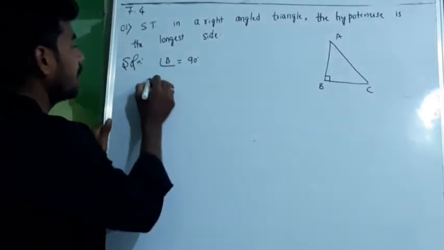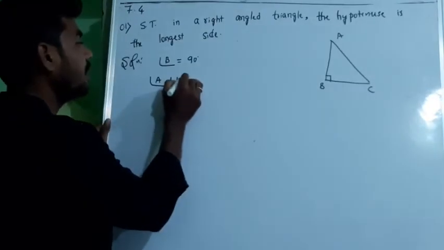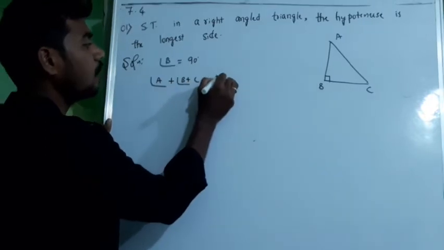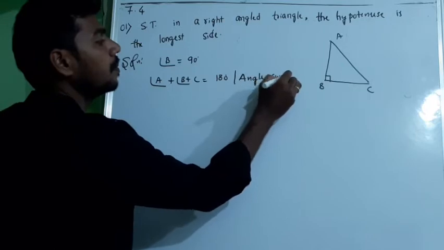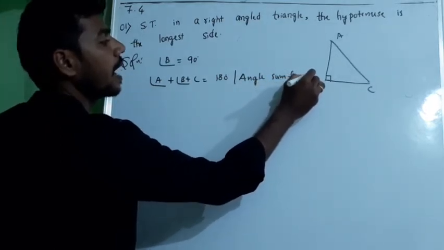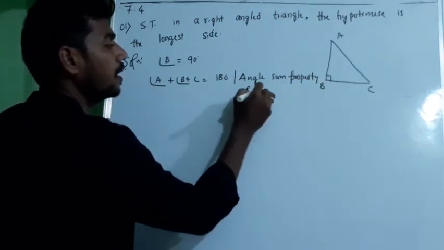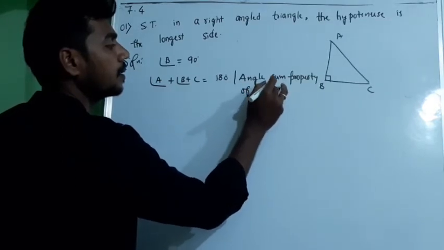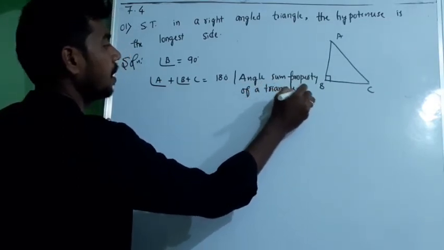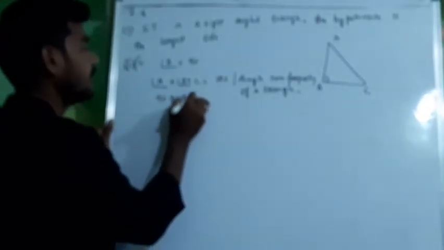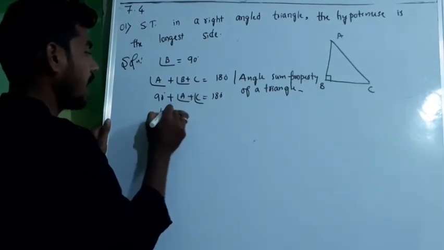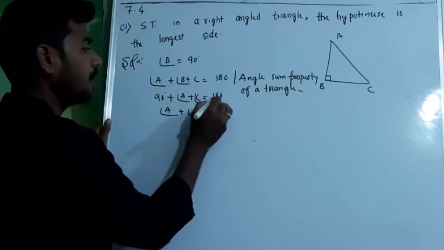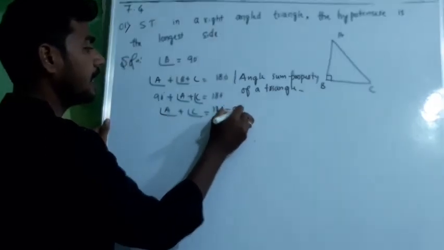Now we know that angle A plus angle B plus angle C is equal to 180 degree. This is angle sum property of a triangle. Now angle B is 90 degree plus angle A plus angle C is equal to 180 degree, or else angle A plus angle C is equal to 180 minus 90 degree.